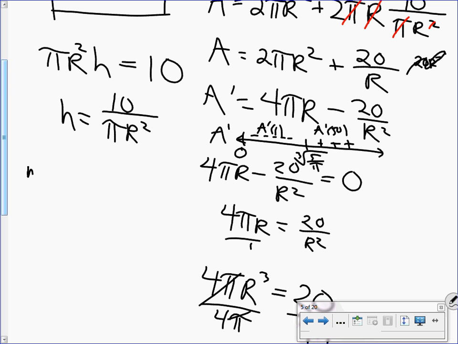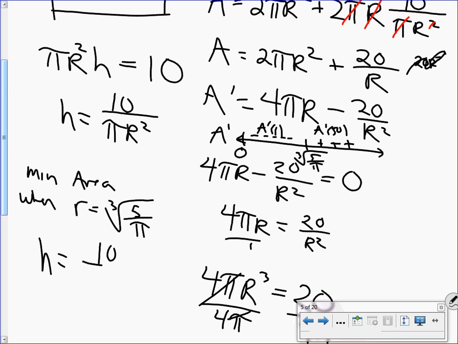So we have a minimum area when r equals the cube root of 5 over pi. And if they want the height, it's just 10 over pi times that squared. You don't even have to simplify it. If you put things into your calculator, and I'll write this on the test, just round to 3 places after the decimal.